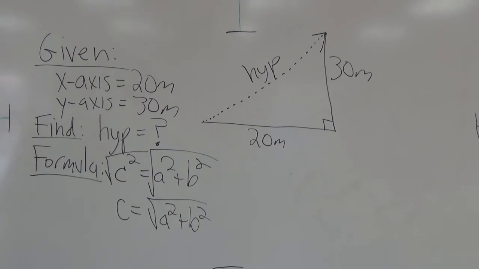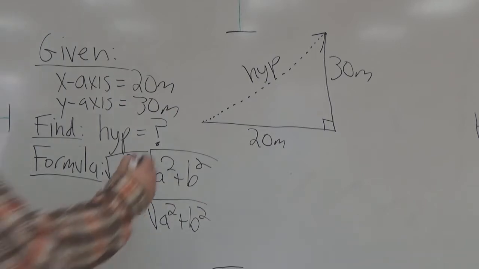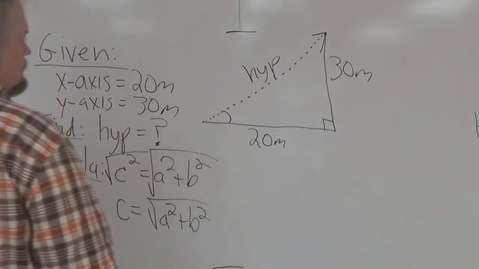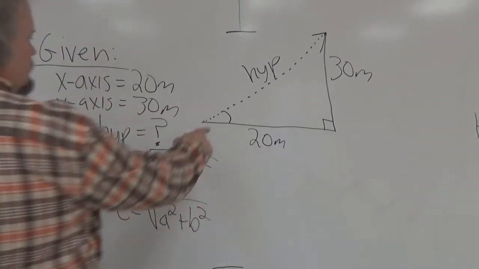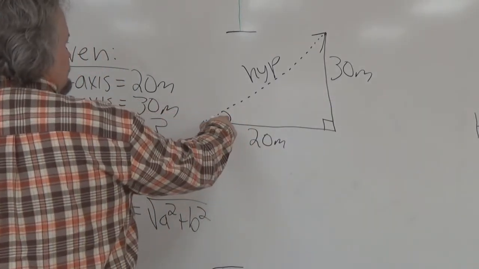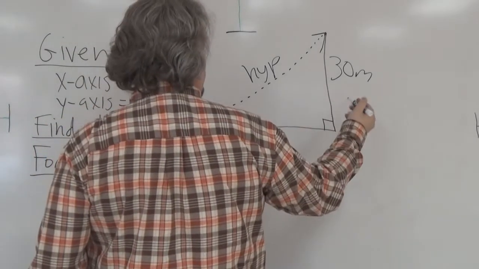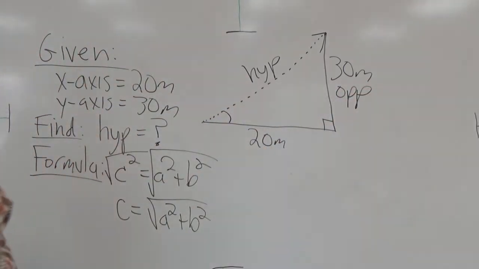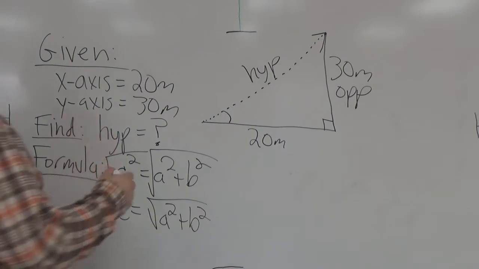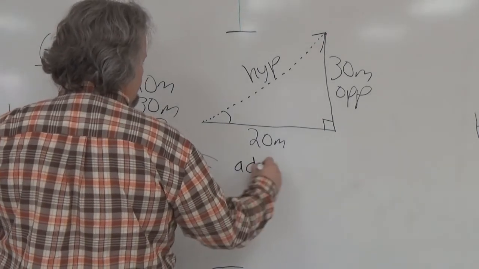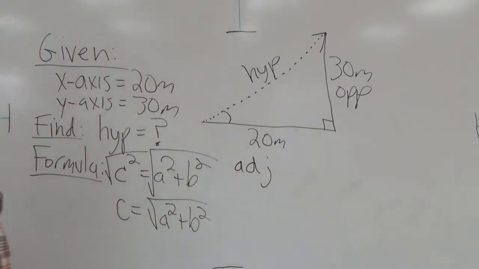So to find the hypotenuse and the degrees, we're going to say the degrees are right here, coming off the x-axis, and we look to the opposite. So this is opposite of where the degrees will be. So we're going to call this opposite, OPP for opposite. Then we're going to look for adjacent, what's right next to it. So the adjacent is going to be the x.